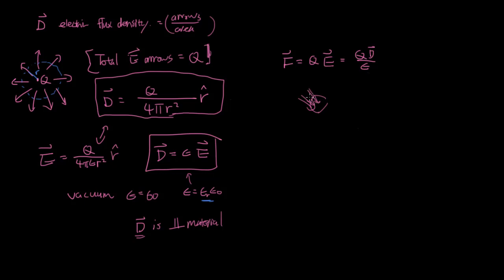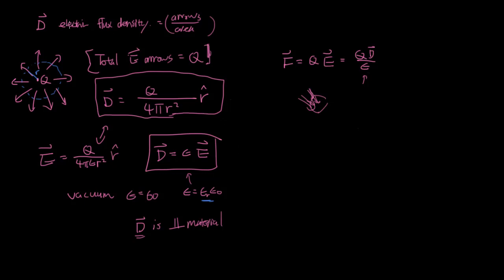For a vacuum, you might feel a certain amount of force, but if you're in a different material, epsilon is going to get larger. Epsilon can only be larger than epsilon naught, the lowest possible value. So if you're in a non-vacuum material, for the same arrow density, you feel less force than you would in a vacuum. And that scaling factor is described by this epsilon.